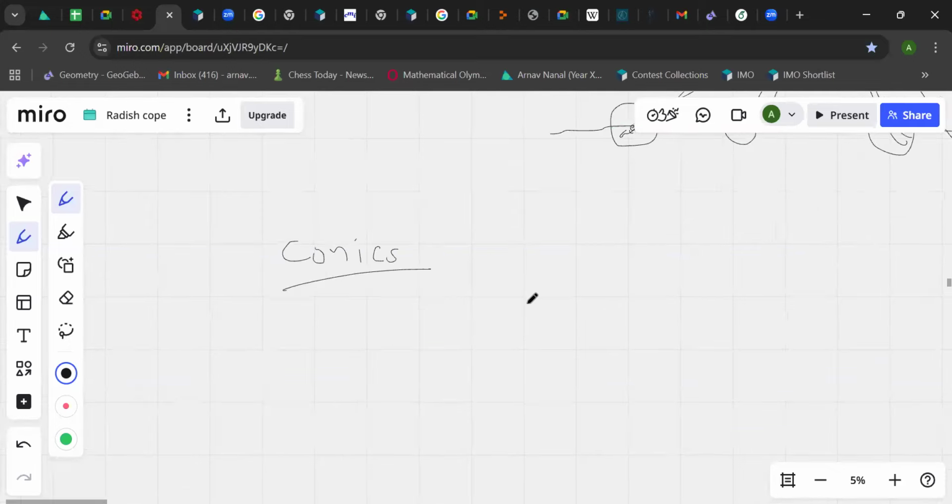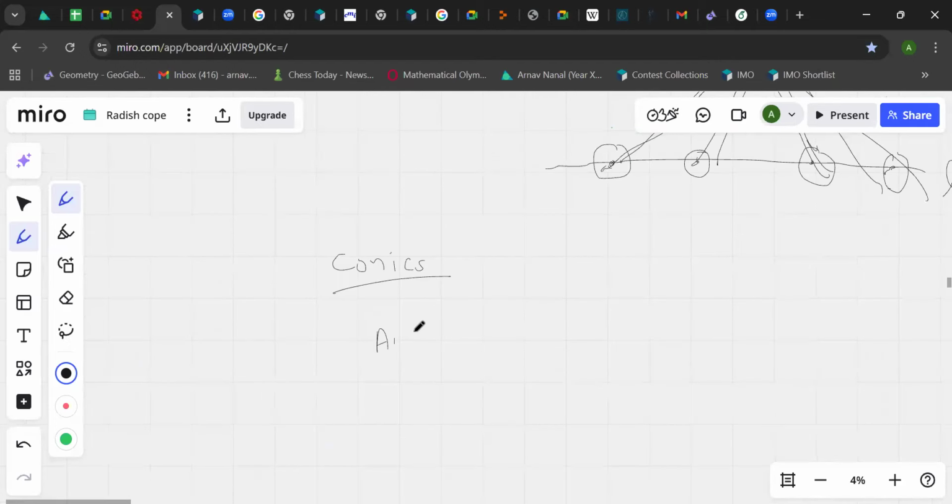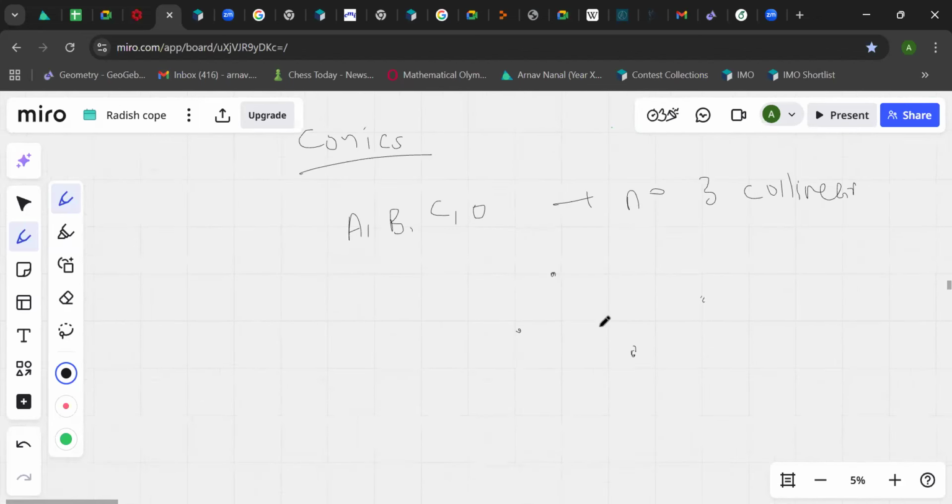Let's say you are given 4 points A, B, C, D in the plane, in general position, so no three collinear. Now we define a conic.